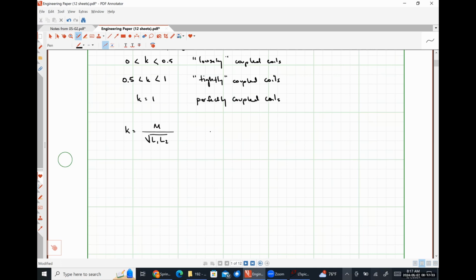So we could rearrange this to find that our mutual inductance M is nothing more than our coupling coefficient K times the square root of L1 times L2. And from here, if K is equal to 1 specifically, we find that our mutual inductance is simply the square root of L1 times L2.